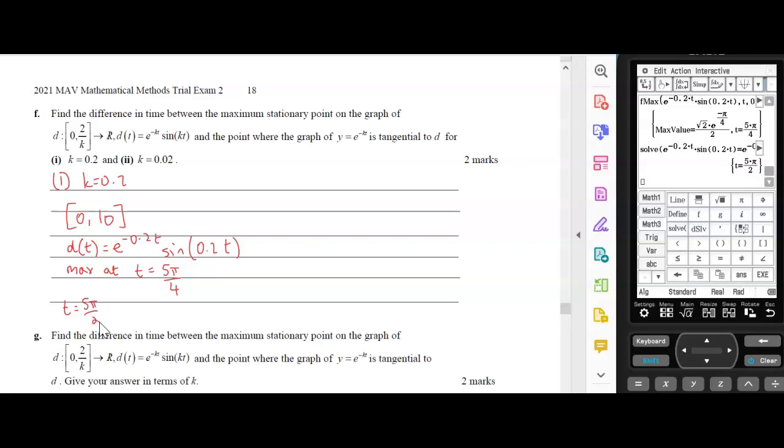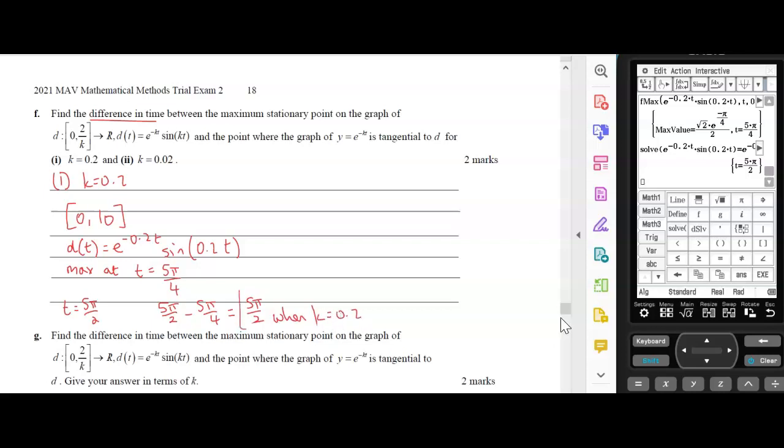So if we're looking at the difference in time between the two of them, we just need to take the higher value, which is 5 pi on 2, and subtract the smaller value, so 5 pi on 4. So the difference in time for k equals 0.2 is 5 pi on 4.